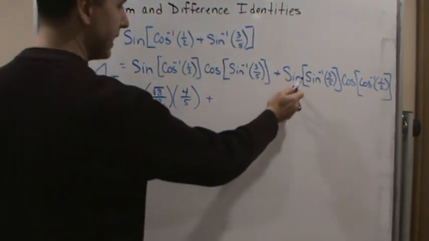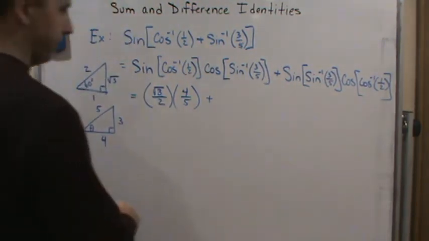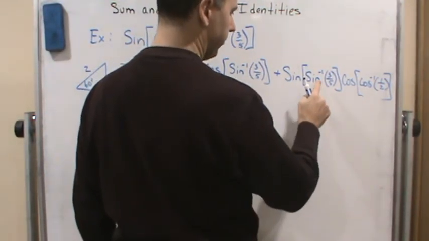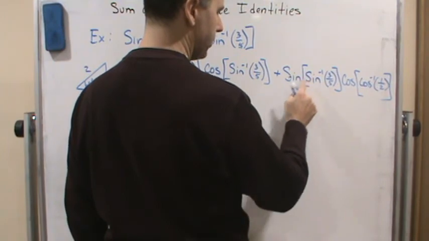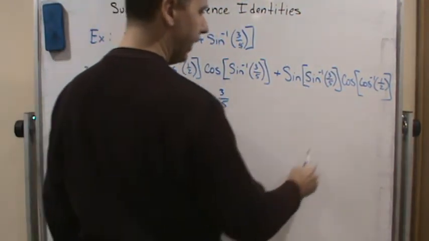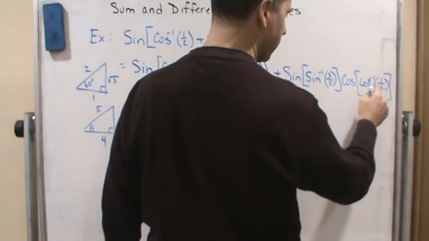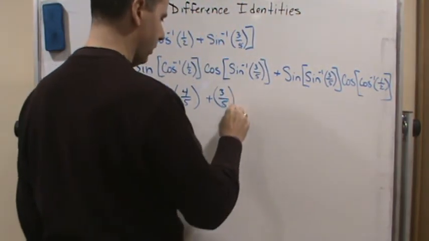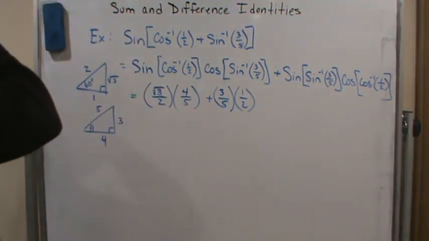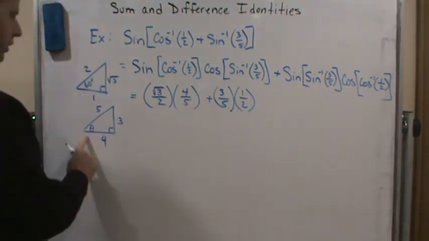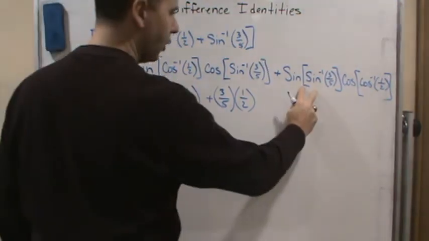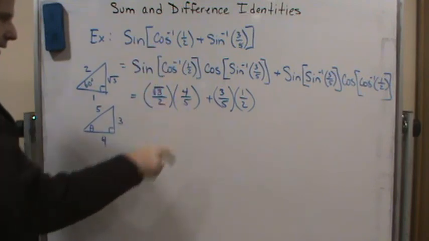Oh, wait a minute, even easier, we've got the inverse property here. Sine and sine inverse, so this is just going to be 3/5. I overlooked that. Same thing here, cosine and cosine inverse, that's just going to give us 1/2, using the inverse property. So we used the triangles for this one, but we don't need the triangles. We could, but if you notice it's just the inverse property, it's easy.